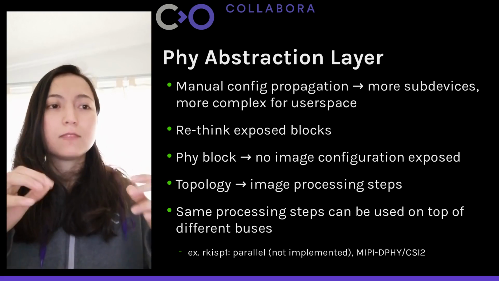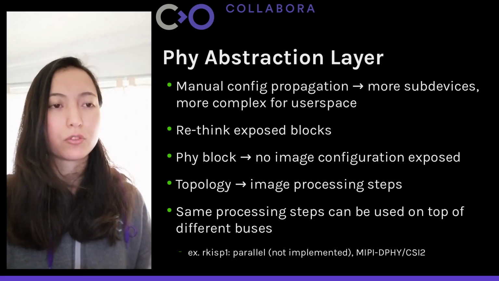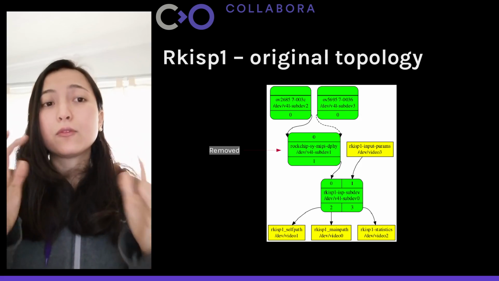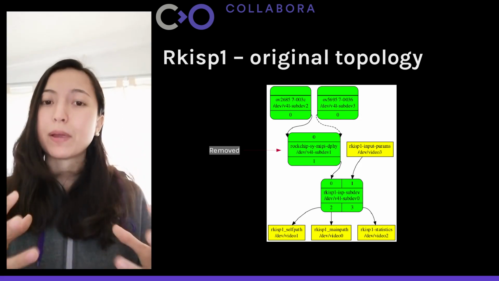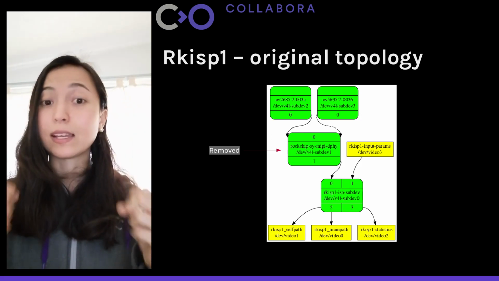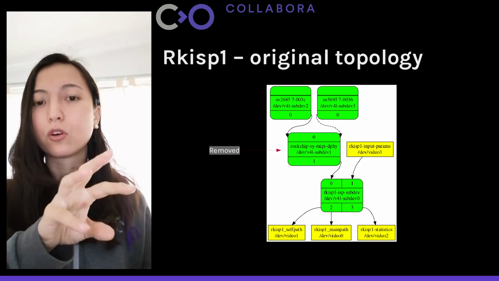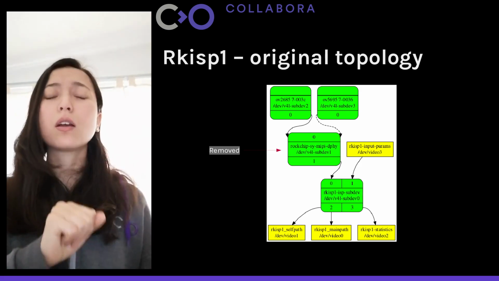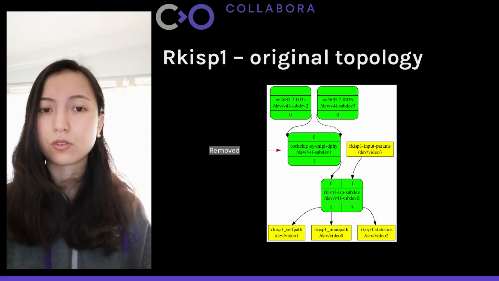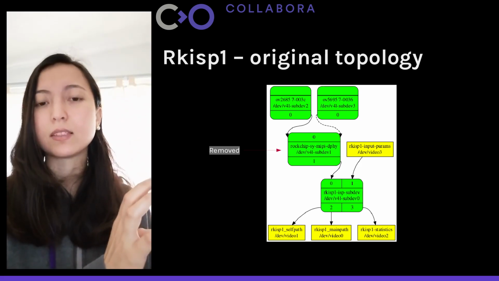So the idea is that one doesn't provide much information. So if we come back to the original topology, if we want to add support for the parallel bus, we would need to update topology dynamically, depending which bus you are using, replacing that block with the parallel block, which would be confusing for user space that needs to perform all the manual configuration, or we would need to expose another block to represent the parallel bus.